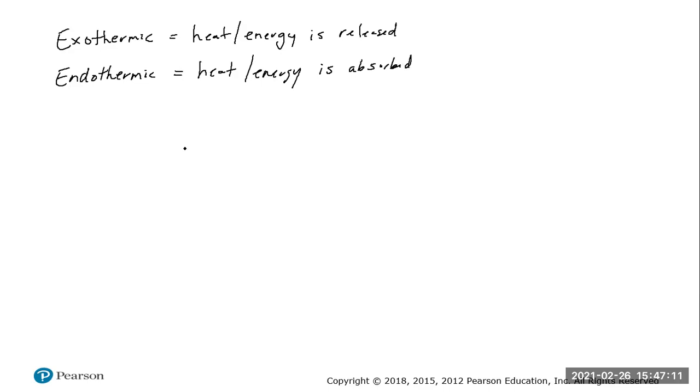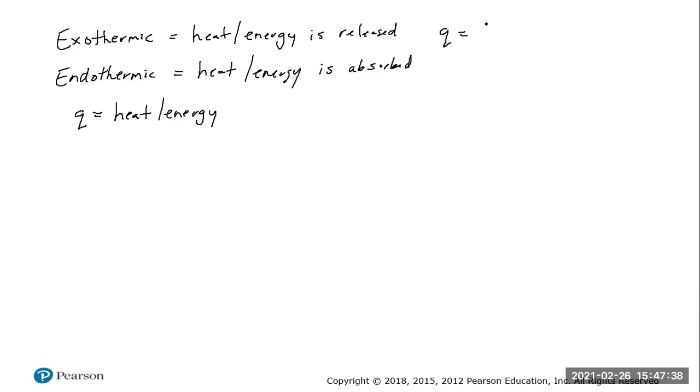So when we talk about heat and energy, there's a letter that represents it. Q is that letter, and it represents heat or energy. A lot of times when we do a calculation involving heat or energy, we solve for Q. And we can relate exothermic or endothermic to Q by really not the number, but the sign.